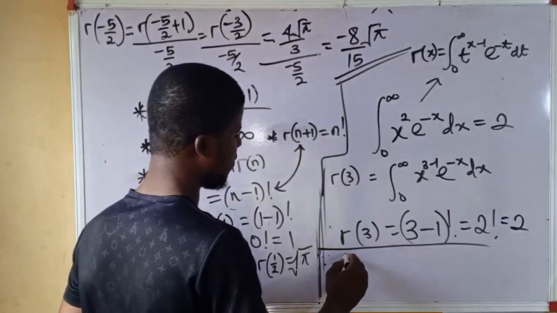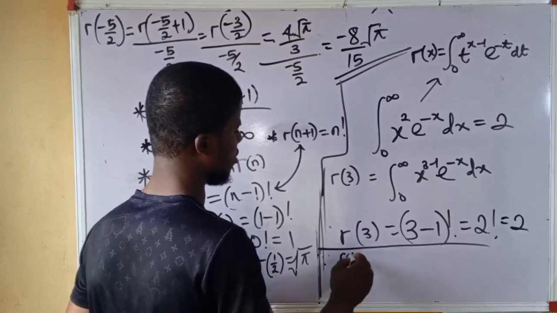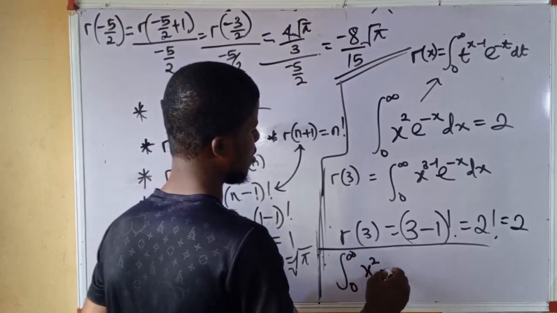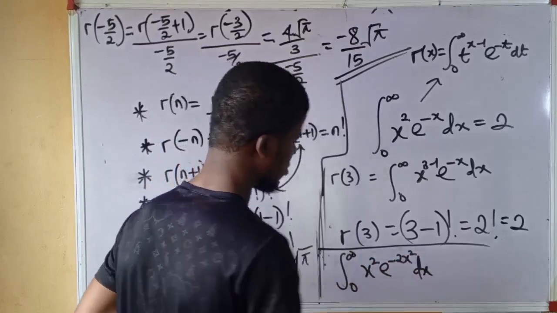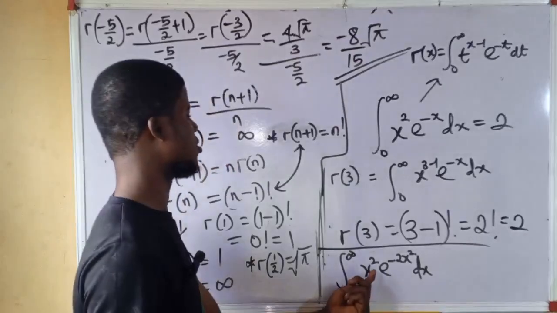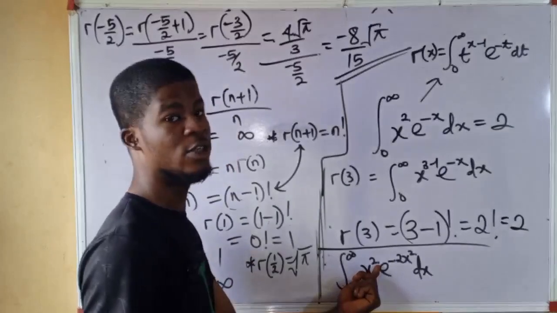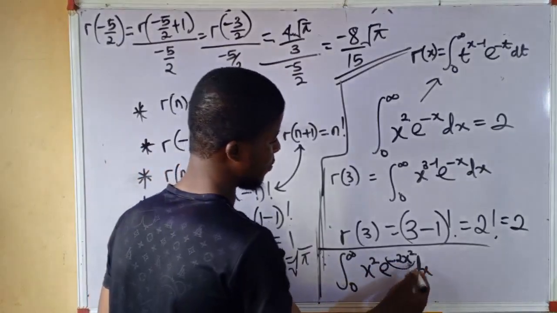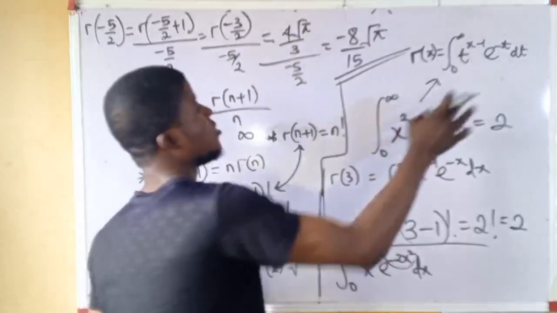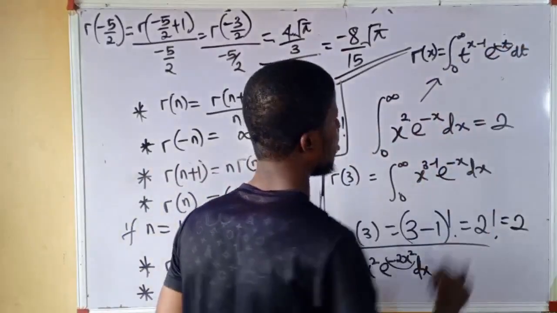So what then will be the value of this integral? The integral from 0 to infinity of x squared e to the power of minus 2x squared dx. Are we going to say it is gamma of 3? No. Do you know why? What I have here, the form of this integral is not the same as the form of this integral.